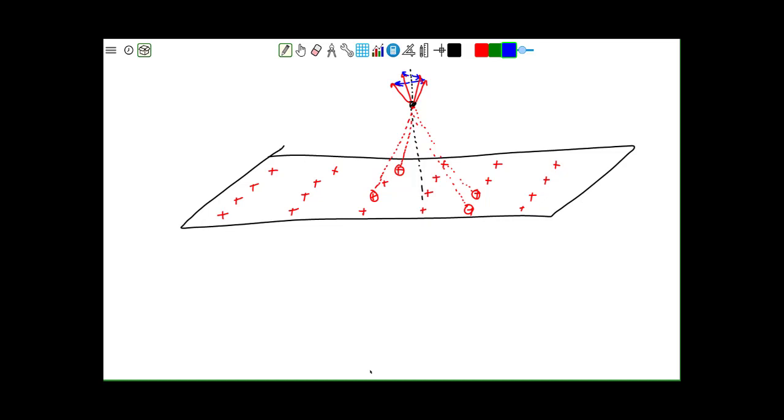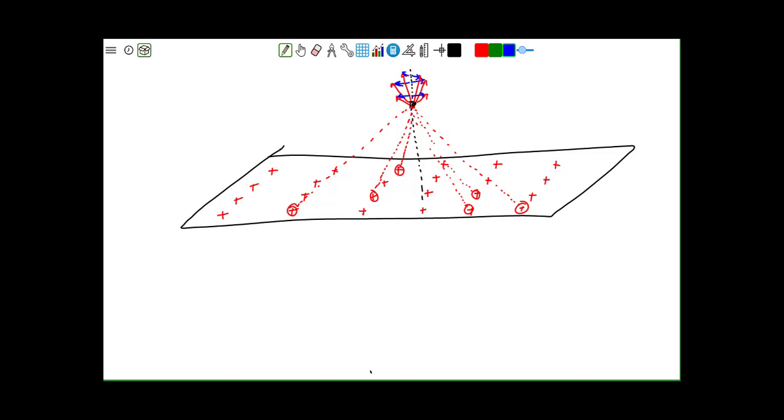I could even take a point farther away. Let's take this point right here off at some angle. I'm going to draw the electric field vector a little smaller because it's farther away. But that point over there has a mirror on the other side. And the horizontal component of the electric field will cancel.